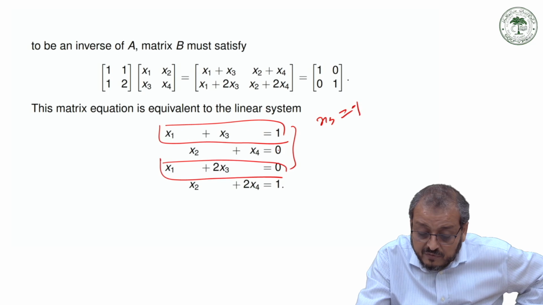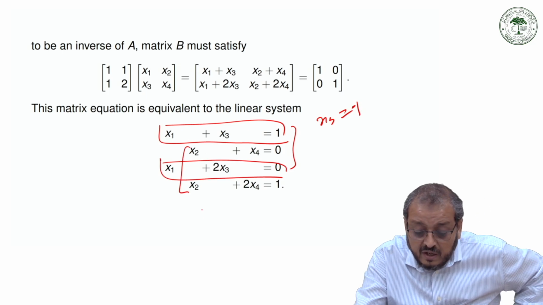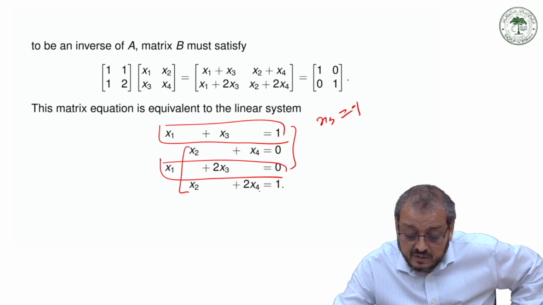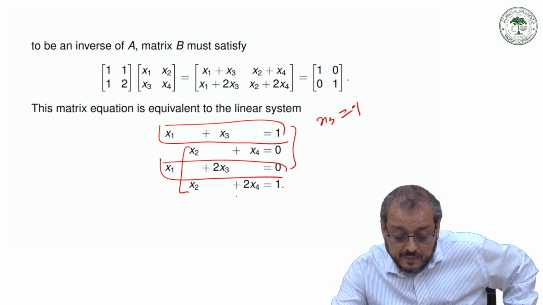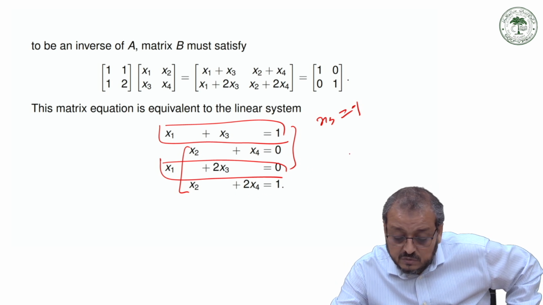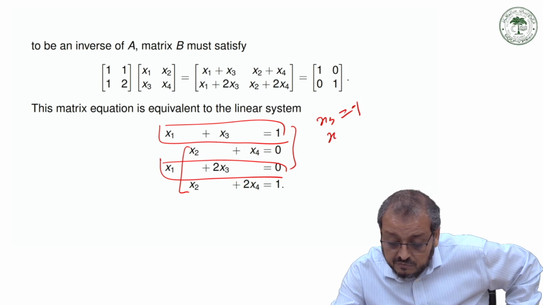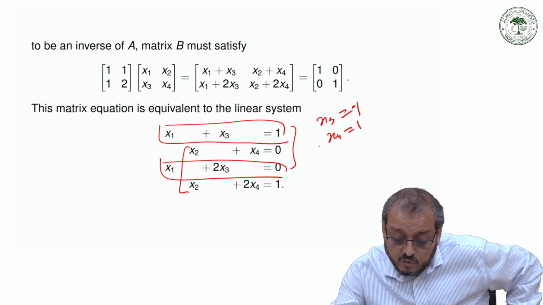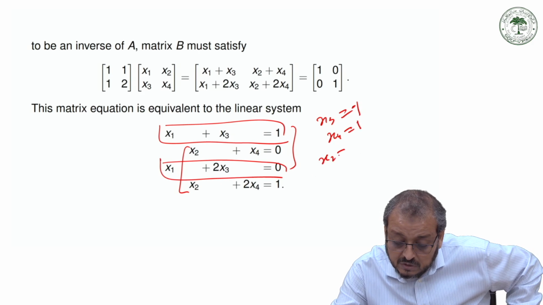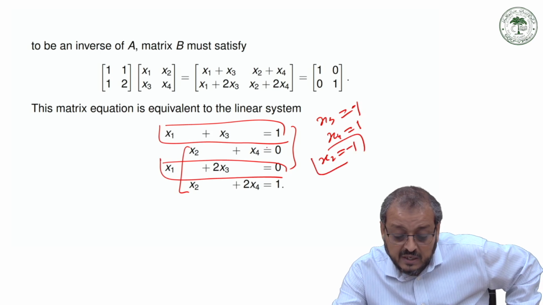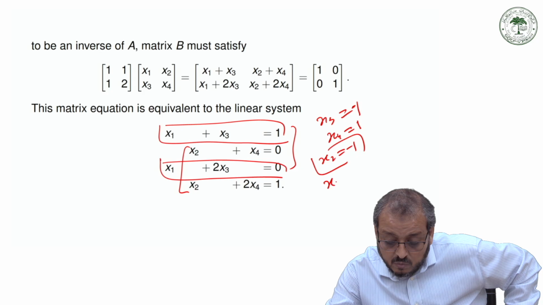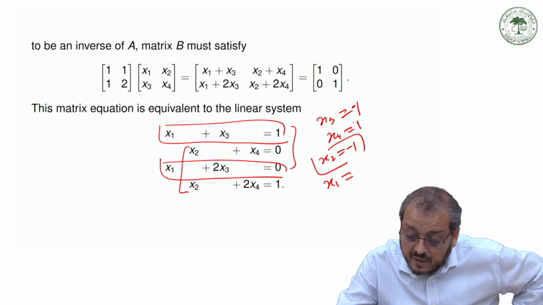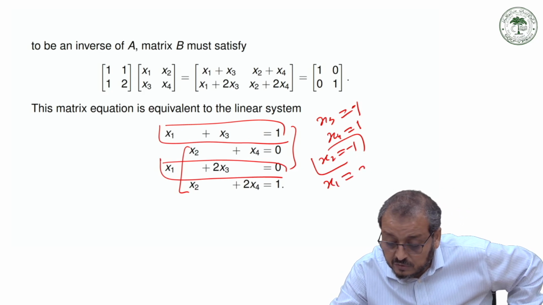Substituting x4 is equal to 1 here, we get x2 is equal to -1. Then substituting x3 is equal to -1, we get x1 is equal to 2.